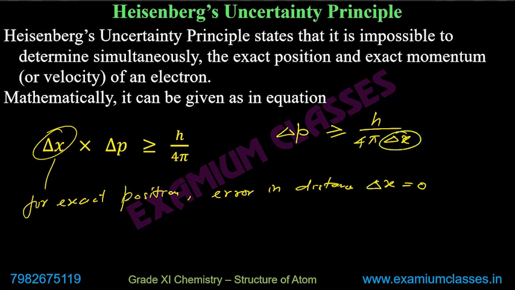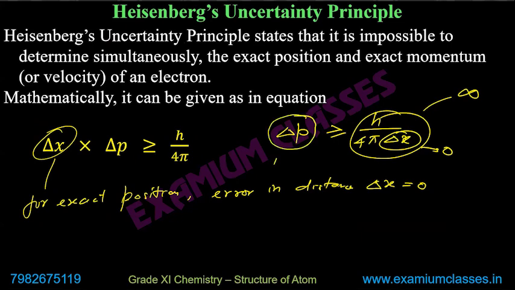And if delta x is 0, this whole thing will be infinity. The denominator cannot be 0. If the denominator becomes 0, the whole value becomes infinity. It means the error margin in momentum now is infinity.